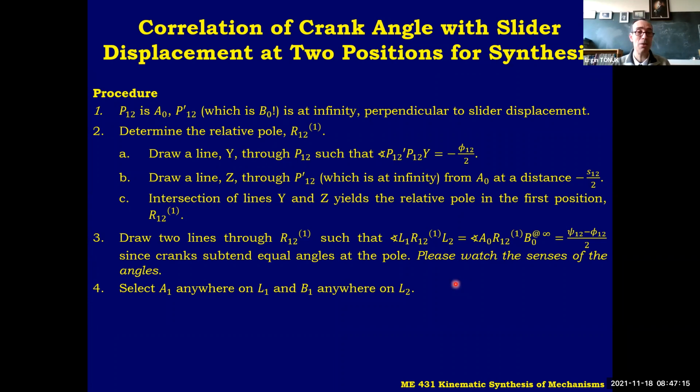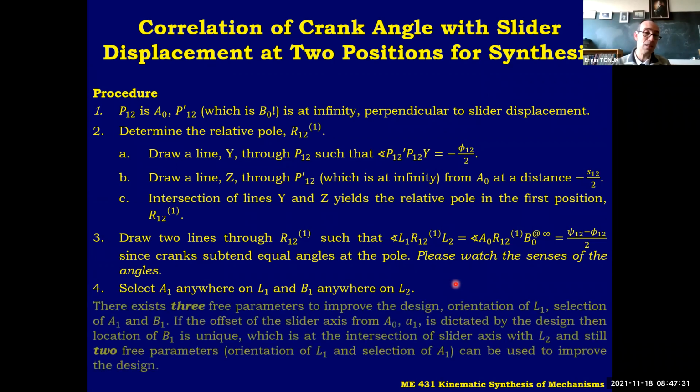You have to disassemble it, okay? This is the first trouble. The second trouble, the link lengths may be inadequate or the transmission angle may be bad. But we have, like the procedure number 1, 3 free parameters to change our design, to improve it.